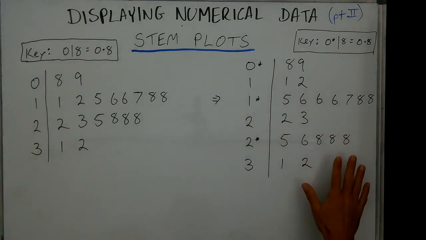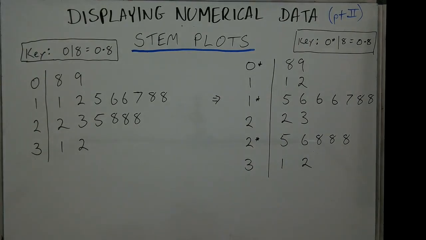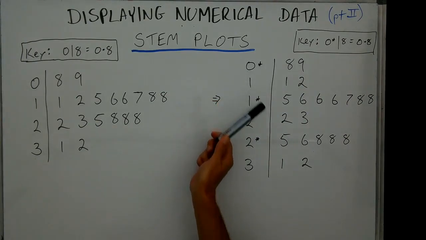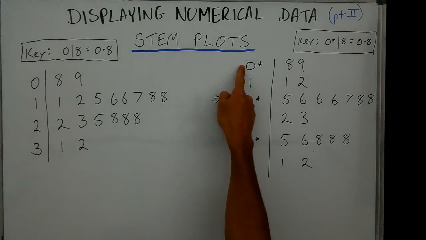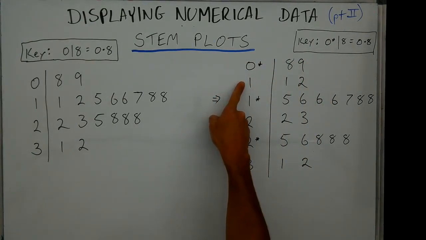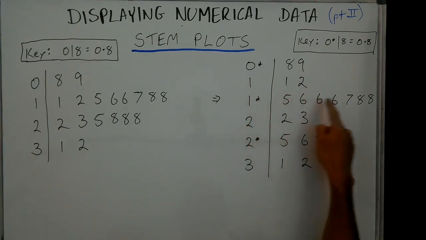Okay, so this stem plot on the right is essentially exactly the same data as this, except what we've done is broken each of these groupings into two halves essentially. So where we have a little star, that actually represents all the numbers from 0.5 upwards, 1.0 up to but not including 1.5, and 1.5 onwards.